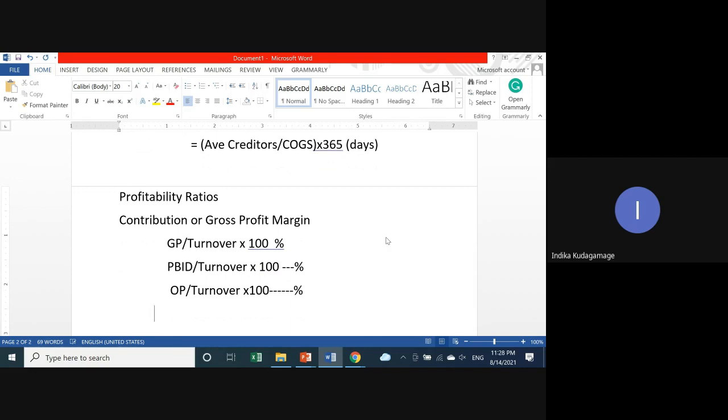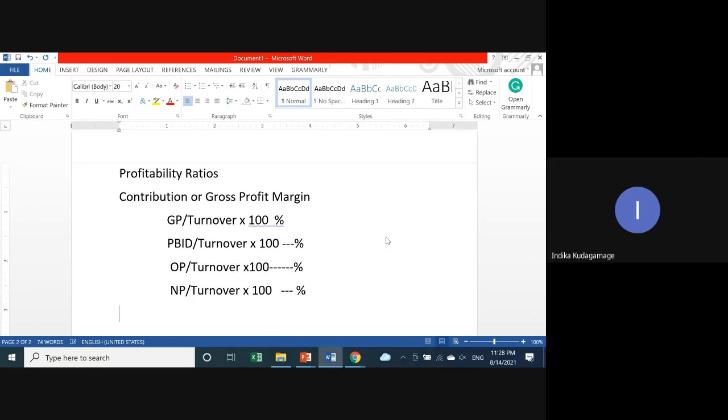Then you can have net profit to turnover into 100. It also comes as a percentage.